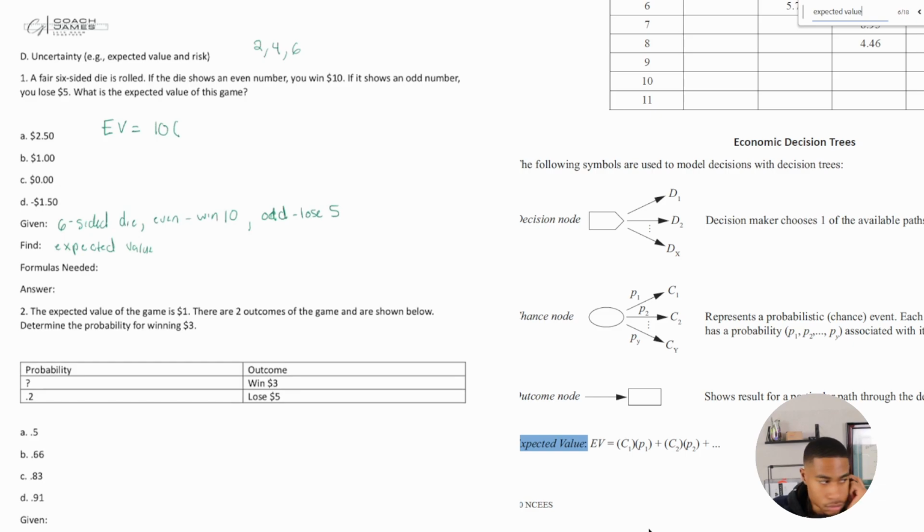Those are the winning numbers. And then what are the losing numbers? Oh, 1, 3, and 5. Okay. So what is the probability of that? The probability is I have 3 chances out of 6 chances where I win. Right. Okay.